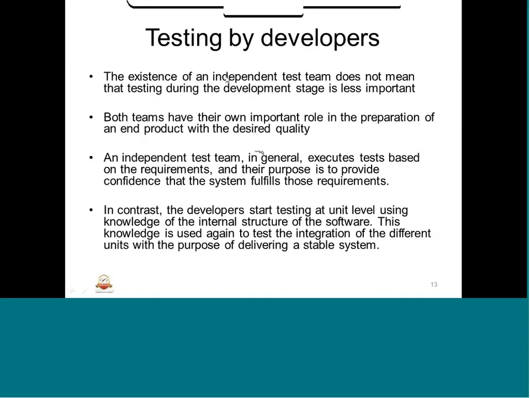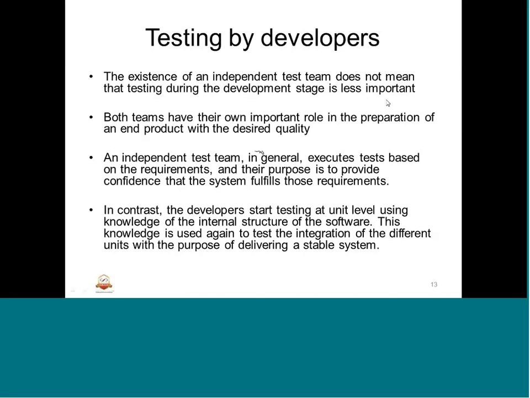The existence of an independent test team does not mean that testing during the development stage is less important. It is equally important to have testing done at development time. Both teams have their own important role in the preparation of an end product with the desired quality. The independent test team and the developers as testers each have their own responsibility.